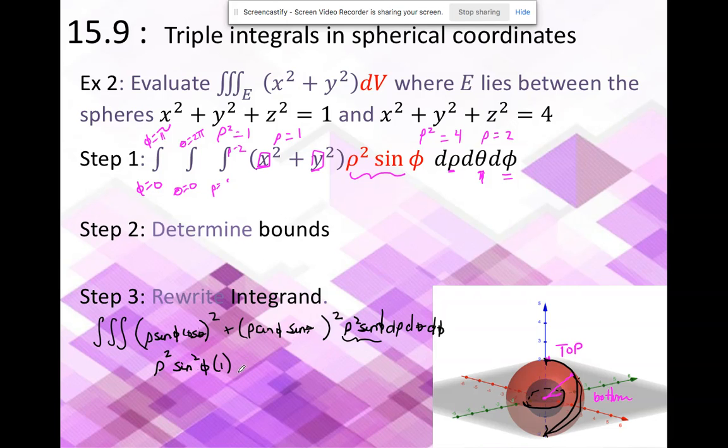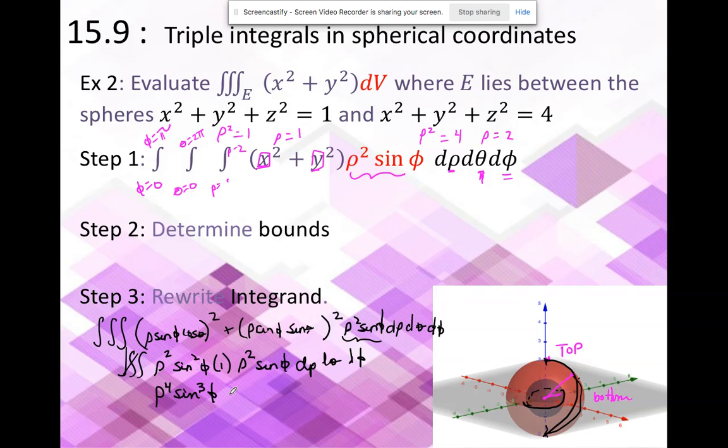And then I still have my price. So I end up integrating here with an integrand that is rho to the 4th and sine cubed.